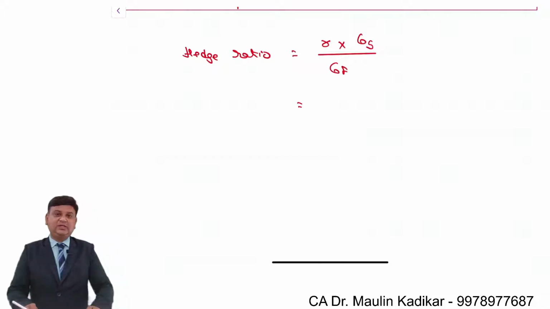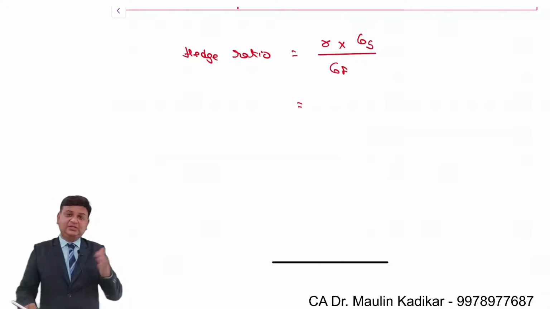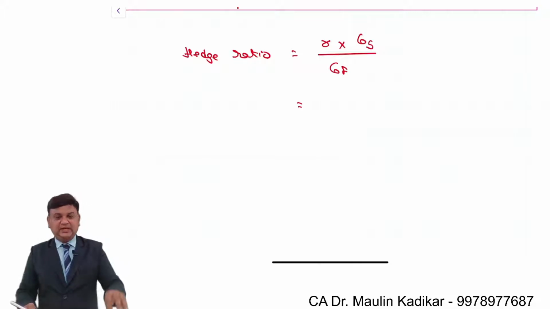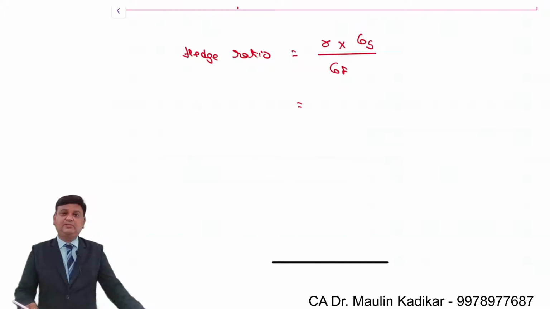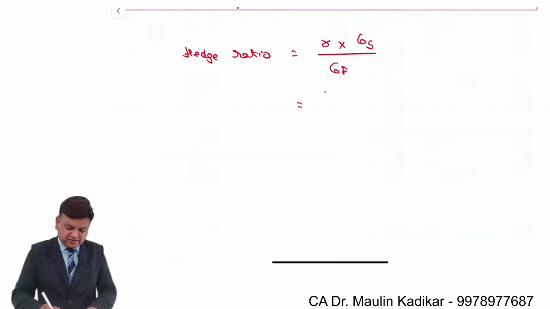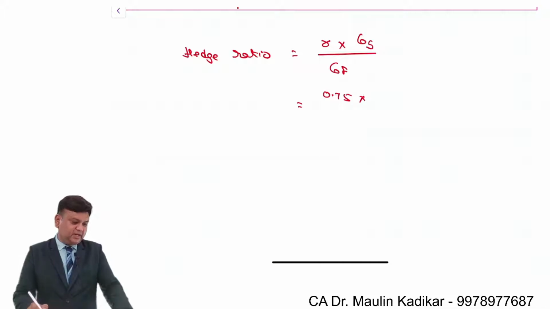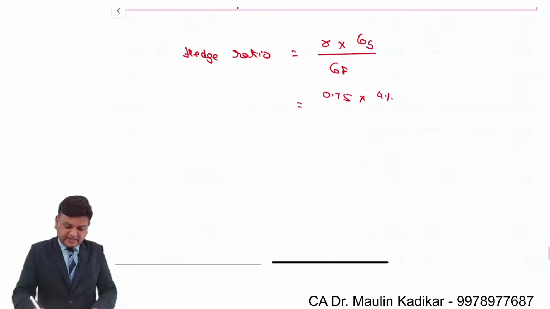Correlation coefficient is indicating, friends, what is the relationship between the change in the price of the spot and change in the price of the futures. So we are required to make the computation of the hedge ratio like this. So correlation coefficient is given to us in the question 0.75 into standard deviation of the spot is given as 4% and standard deviation of the futures is given as 6%.